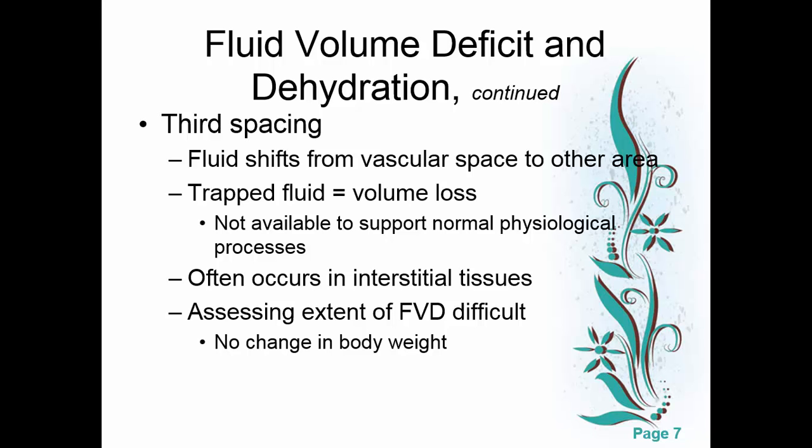Third spacing often occurs in the interstitial tissues, pleural or peritoneal space. Assessing the extent of fluid volume deficit is very difficult because there's no change in body weight. And so third spacing is difficult to assess because it may not be reflected in measurable data.